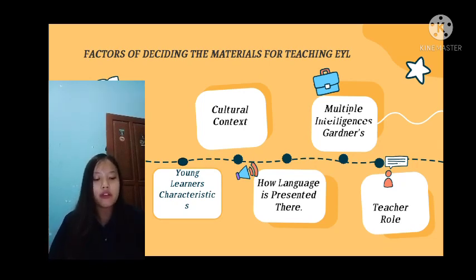At this stage of development, they boast a number of characteristics: have high curiosity, believe that the world is full of surprise, love playing, have a short attention span, and learn better through action and use of their senses. Number 2 is cultural context.